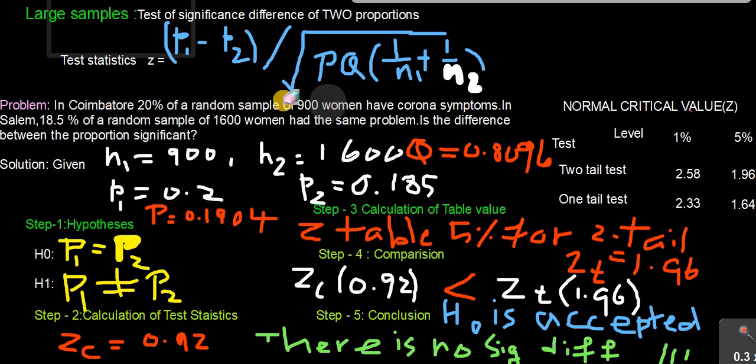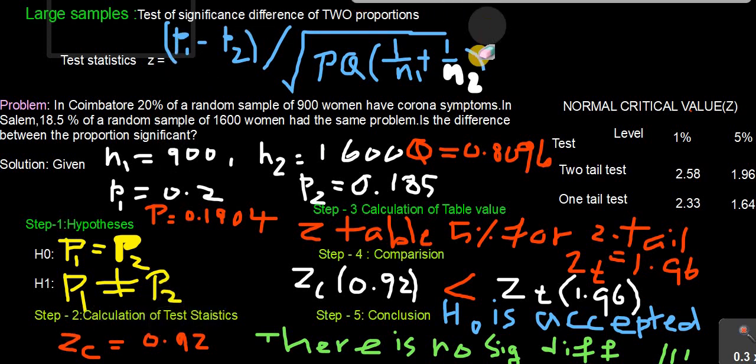Our problem here is that we must talk about the proportions in Coimbatore and in Salem. So we assume that the proportions in Coimbatore and Salem are equal. This is the null hypothesis. The alternative hypothesis is P1 is not equal to P2. Then we are using the test statistic.